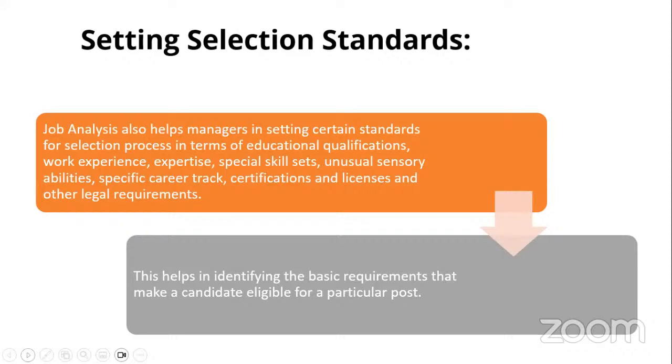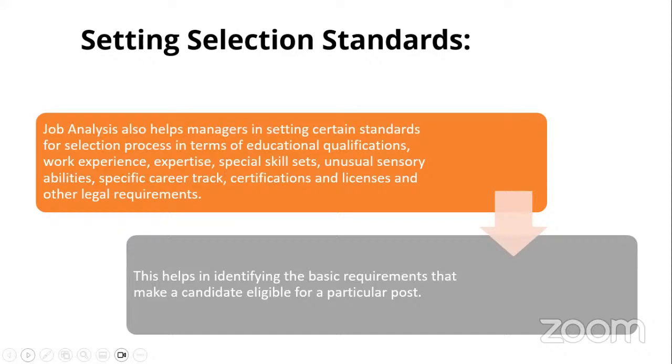So which means while you are checking the educational qualification of that person, you must also look at the work experience, how expert this person is, the special skill sets he or she possesses, and unusual sensory ability. Specific career track record is also important. And now look at the certifications and licenses and other legal requirements. For instance, we are here to get the certification as human resource managers.